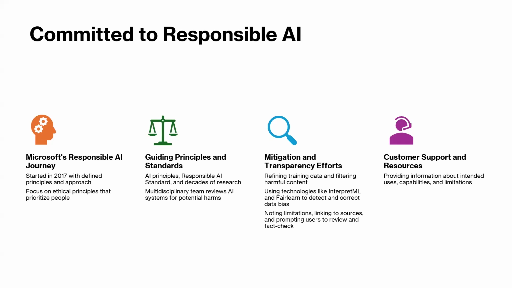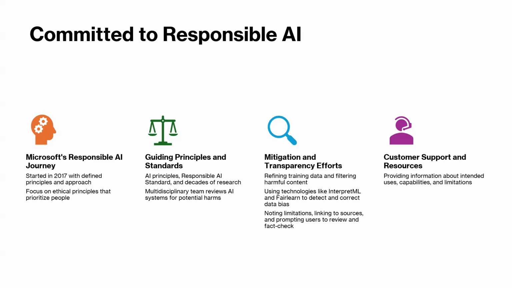In terms of mitigating risk, they're constantly refining the data that is used to train the model, which does not include your data, and filtering out harmful content, again, anything that might bias it. There are technologies called InterpretML and Fairlearn, for example, that have the ability to detect and correct data bias, so they utilize those as well.